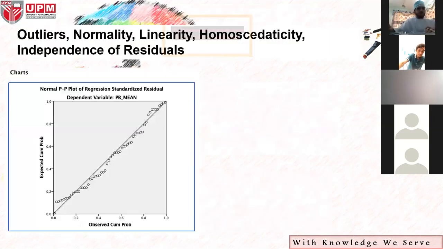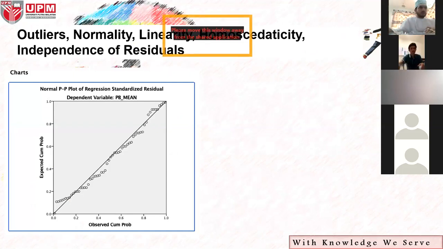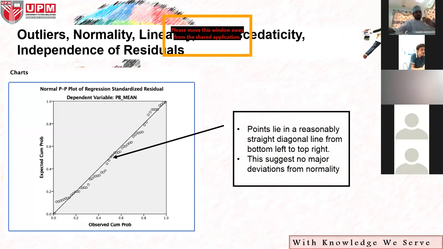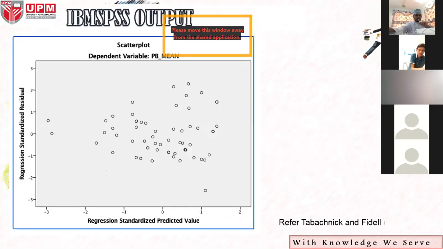Another thing is you can check the outlier, normality, linearity, homoscedasticity, and independence of residual based on the PP plot. If the points lie in a reasonably straight diagonal line from bottom left to top right, this suggests no major deviations from normality.